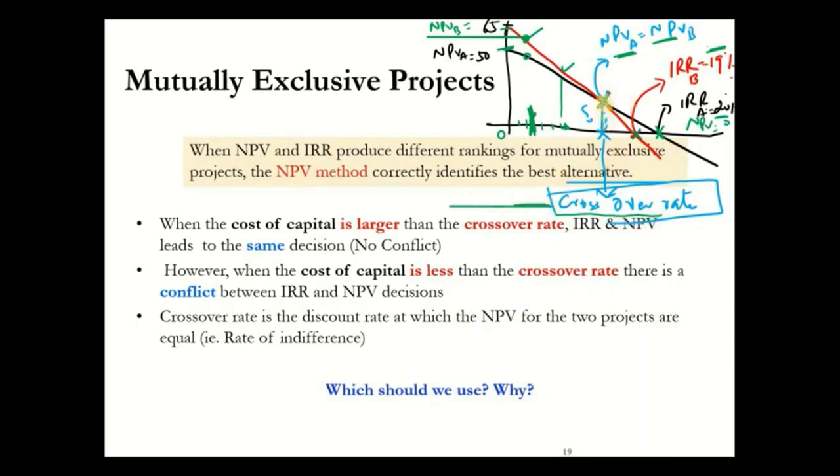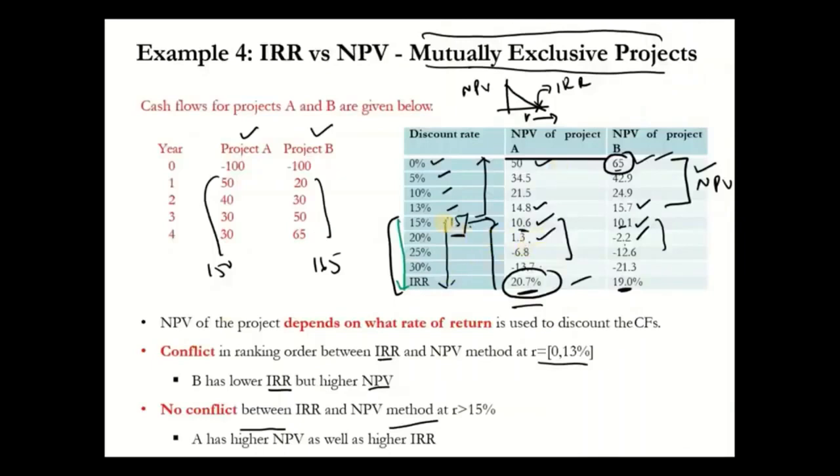If you see the situation after this crossover rate, NPV of A is higher than NPV of B, also IRR of A is higher than IRR of B, right? So this is called a crossover rate. If you see this 15%, that is 10.6 and 10.1, that is nearly equal.